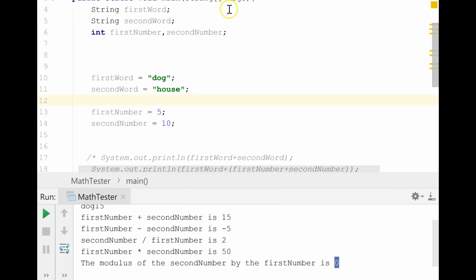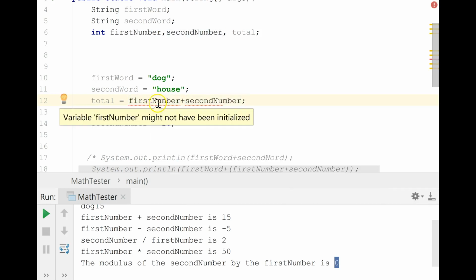So if I have, let's say, another int, and I say total, and I initialize it, total equals first number plus second number. Okay. What I'm looking at, it says variable first number may not have been initialized. Second number may not have been initialized.